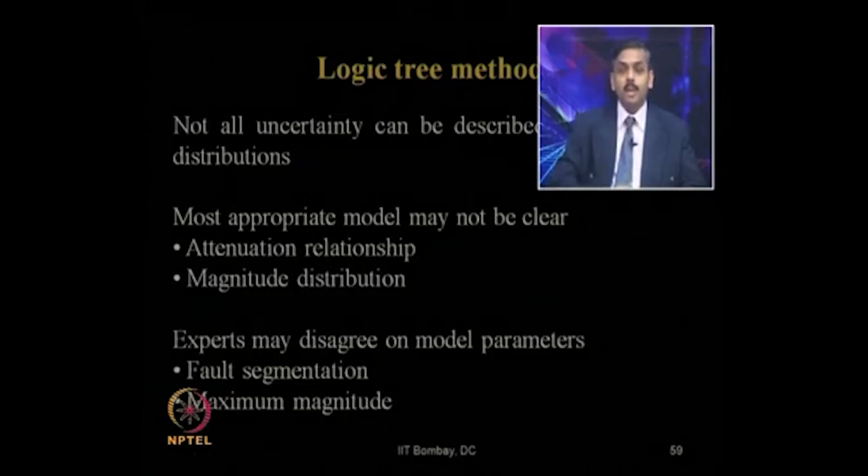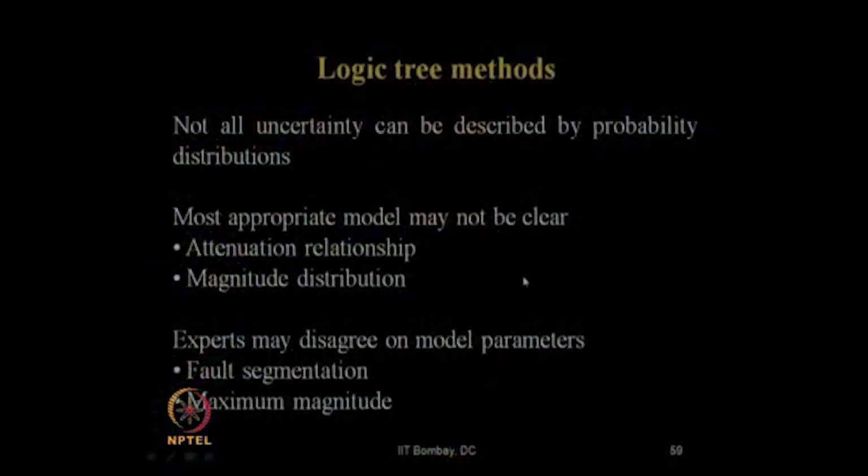For example, for India, for northeast India, also for the Himalayan region of India, we have already learned there are several attenuation relationships proposed by various researchers. Which one is most correct and which one is least correct, we do not know. So, we have to give different importance based on experience and expertise, and that gives us this concept of logic tree to consider different uncertainties.